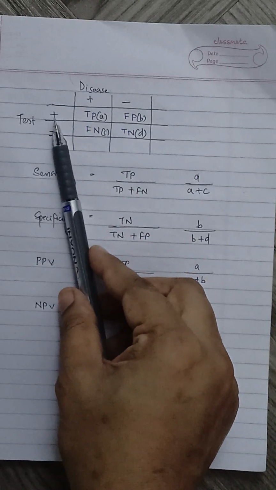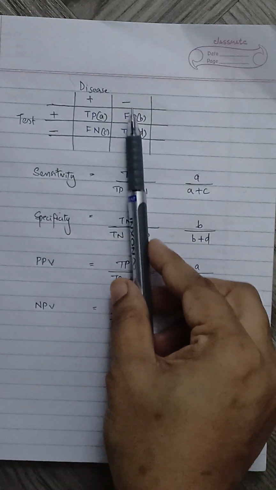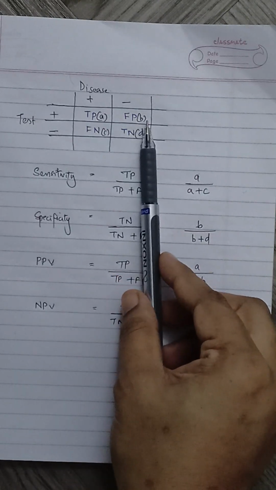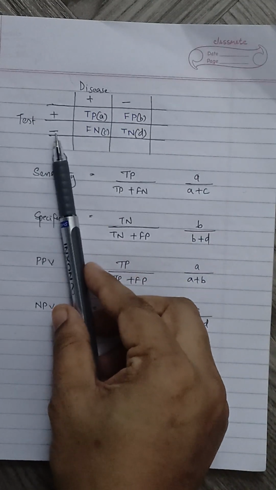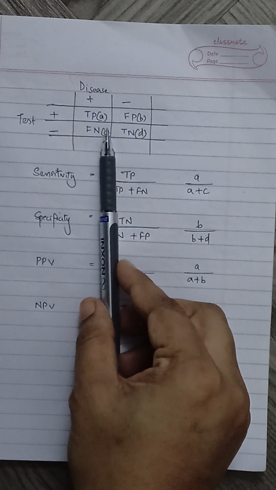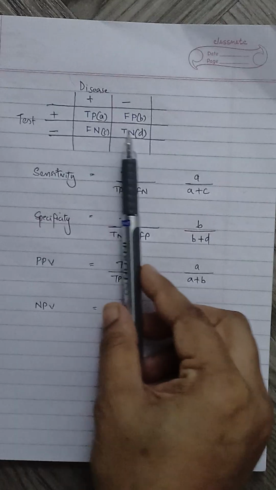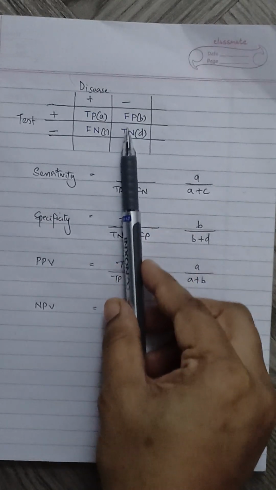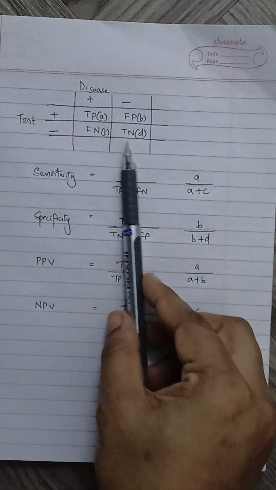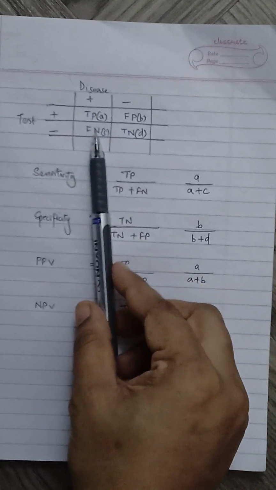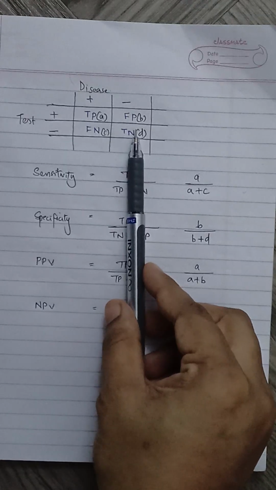And if the test comes out positive for the patients who do not have the disease in actual, that's called a false positive. Again, if the test turns out negative for the patients who actually have the disease, that is called a false negative. And if the test turns out to be negative for the patients who do not have the disease, it's called a true negative. So this is our 2 by 2 table: true positive, false positive, false negative, and true negative.